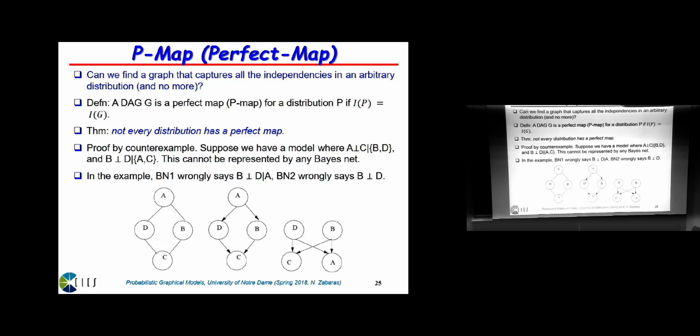You think, is that possible? I can write down some weird distribution with some conditional independence relations. Can you find me a graph that is basically a perfect I map of that distribution? This is what I call a perfect map.